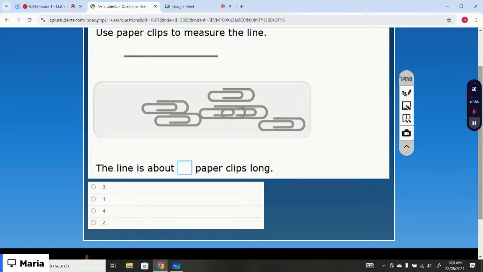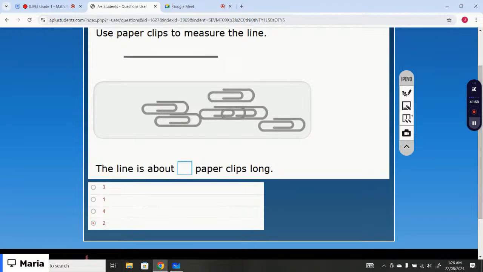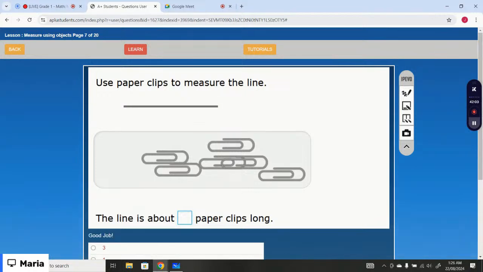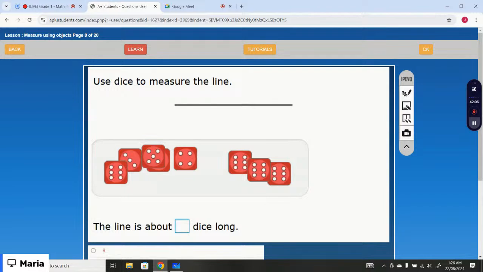I think two paper clips long. The correct option is two. Option number, the last one is the correct option. Okay, you can complete the lesson by yourself later today.